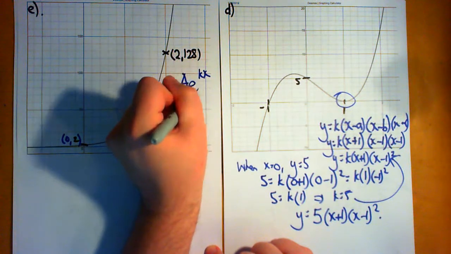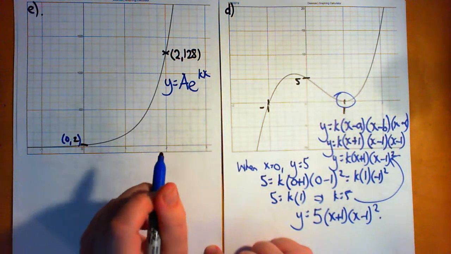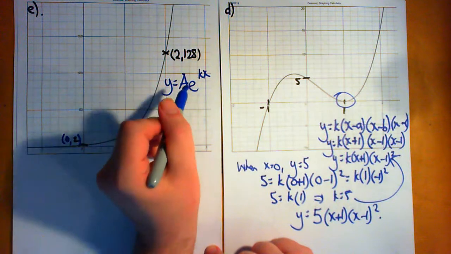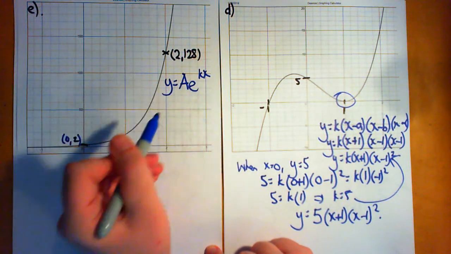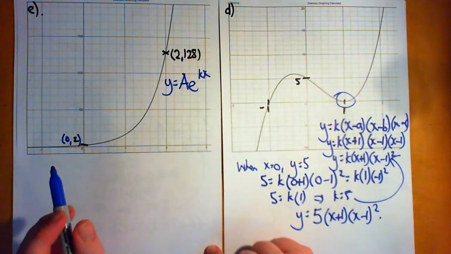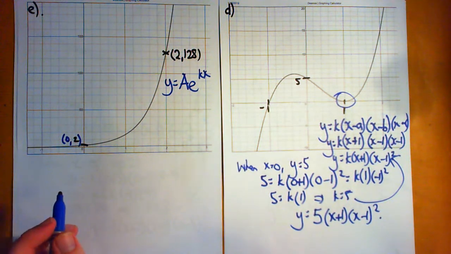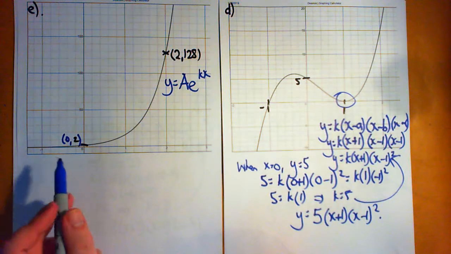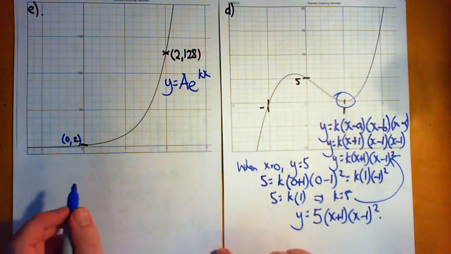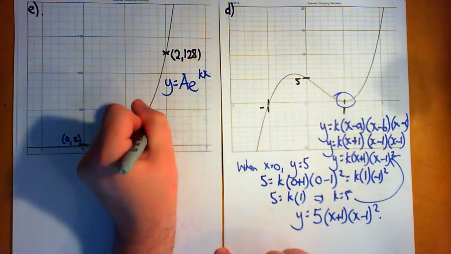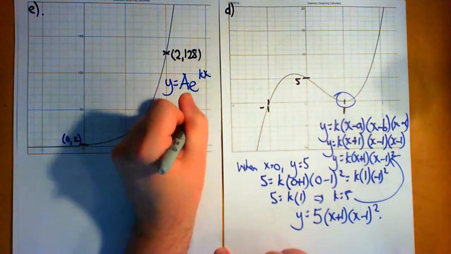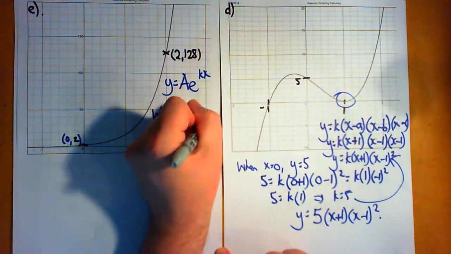So e is just a number which is 2.718 and so on. a and k are two numbers that we need to find using the 2 points, and that's the job that we need to do: find a and k. Okay, so we know that it goes through (0, 2). So when x is 0, y equals 2.